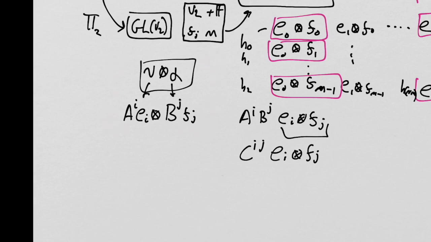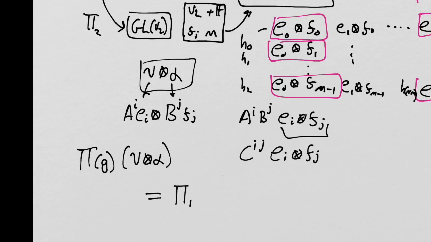If I want a representation of the group G that acts on the tensor product of two vectors, v and alpha, well, that is just going to be the tensor product of pi of the first representation acting on v, times the tensor product of the second representation of G acting on alpha.